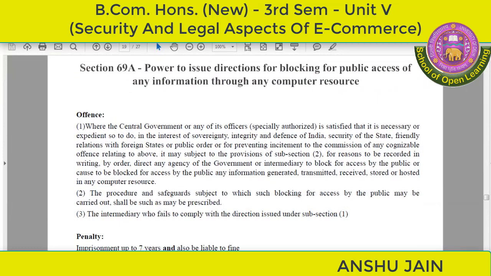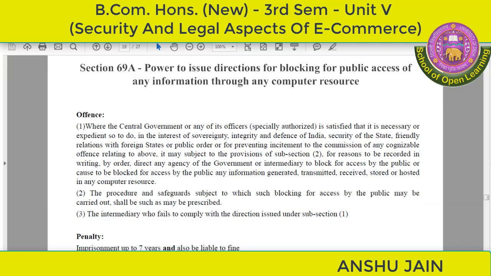Next section we have is section 69A. It's related to the power to issue directions for blocking for public access of any information through computer resources. Now what happens is you have the power where you can issue directions so that you can block any kind of information which is there in the computer so that it cannot be accessed by the public.